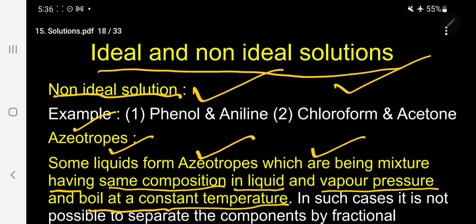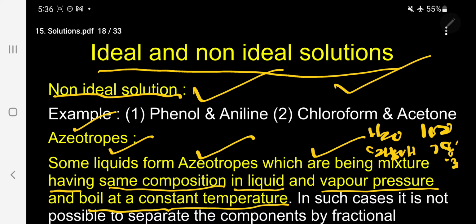If you mix two liquids, a simple example is water and ethyl alcohol. Water boiling point is 100, ethyl alcohol boiling point is 78.3.